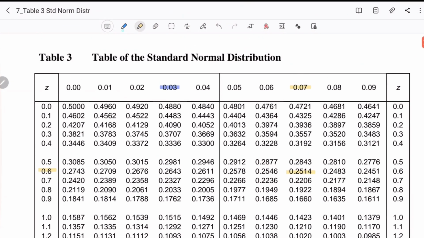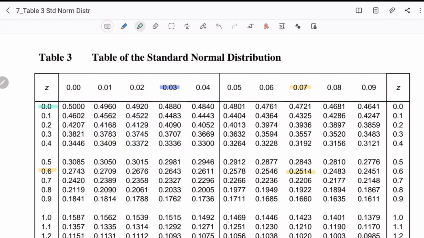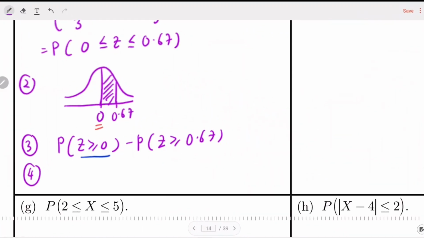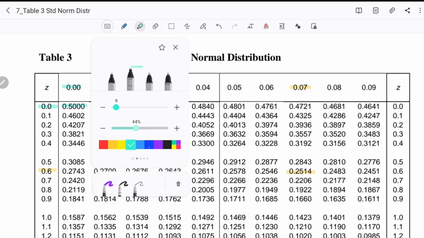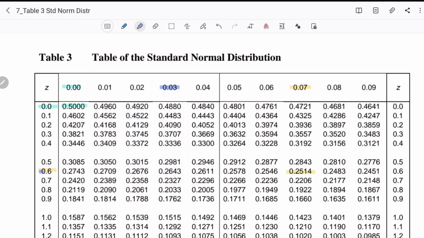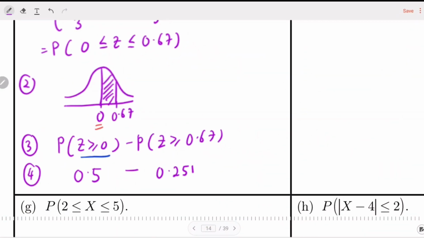For 0, it means here, 0.00, which is 0.5, and then minus 0.67. 0.67 means 0.6, and then for the second decimal up there, 0.67 is 0.2514. Calculate and you get the answer.